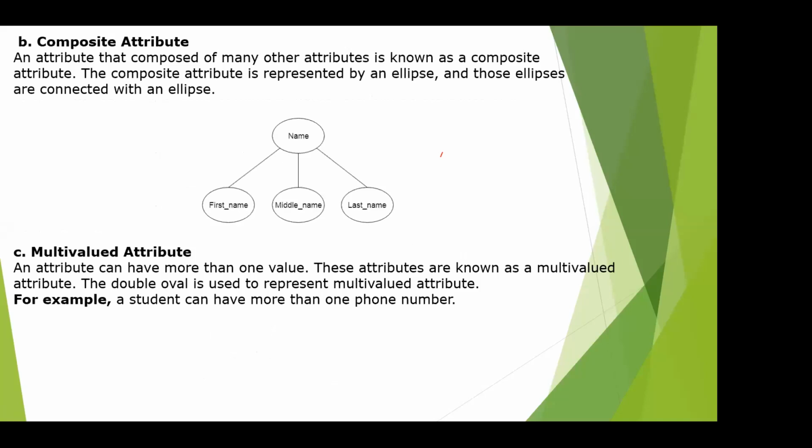Now, composite attribute. From the previous picture, name is an attribute of student, and name contains three parts. Only when you combine all these three parts do you get the complete name: first name, middle name, and last name. Combining first name, middle name, and last name gives the name of the student.